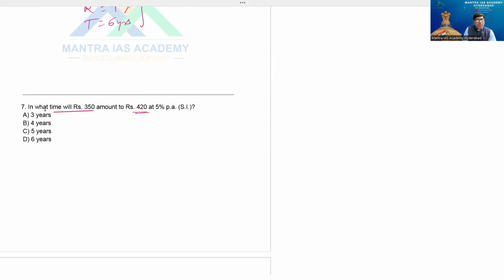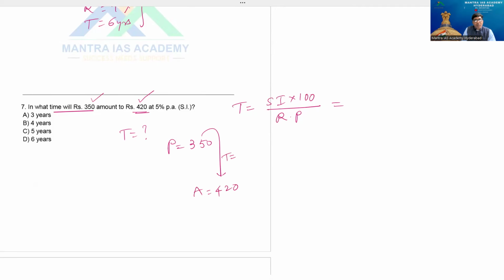The question is the same. When time is asked, the formula application is the same: time is equal to simple interest into 100 by P into R. So if the principal is 350, it has become an amount of 420 after a certain gap of time, at the rate of 5%.